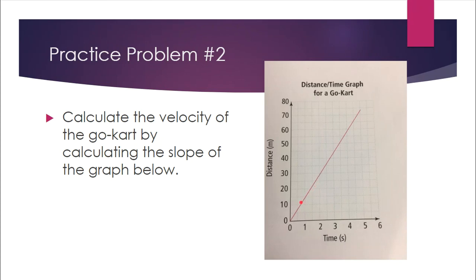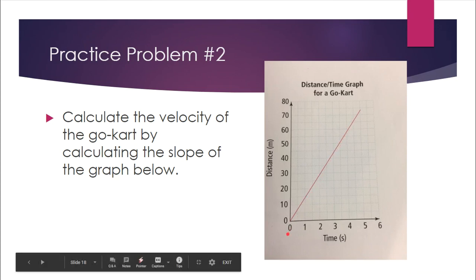What you want to do to find 2 points is find 2 points that intersect exactly on the line here. So here's 2 points that intersect here. Here's a point that intersects here, and here's a point that intersects here. You can use any of those 3 that I just identified.